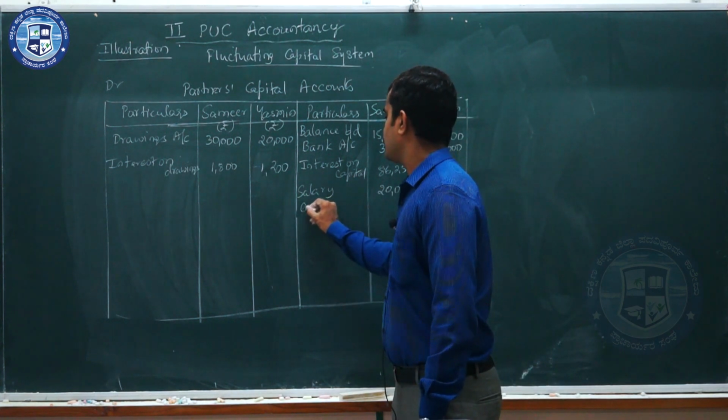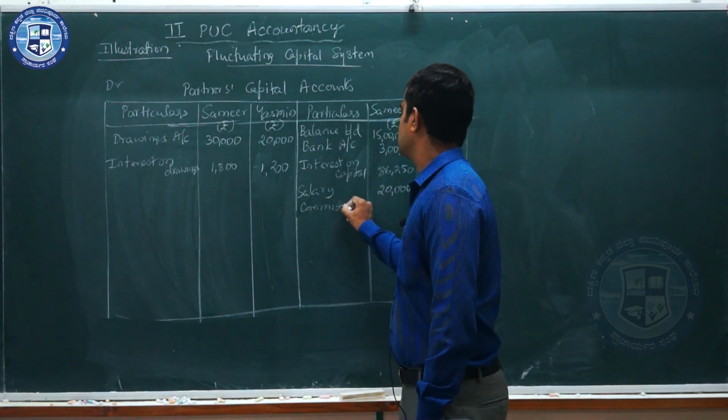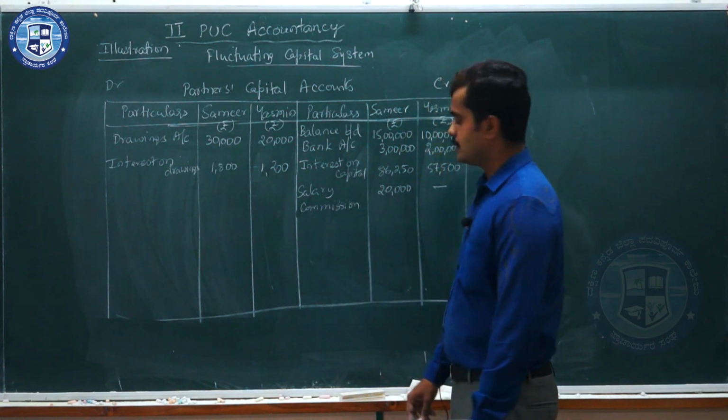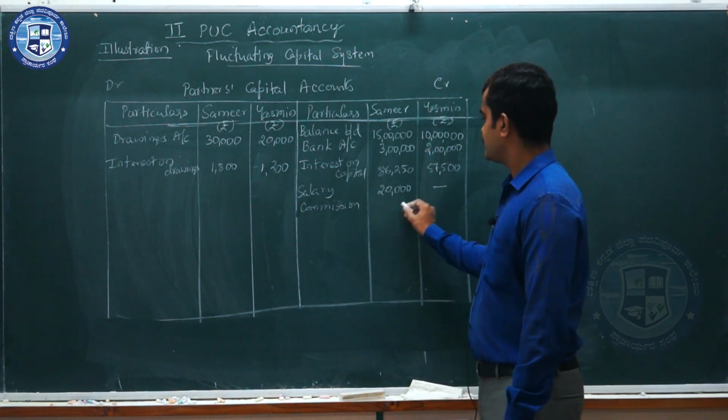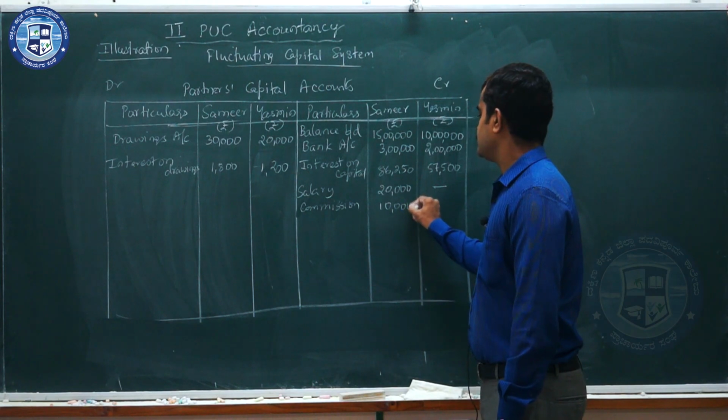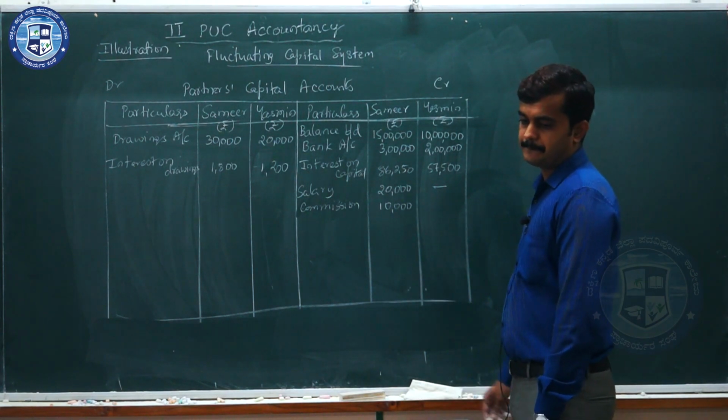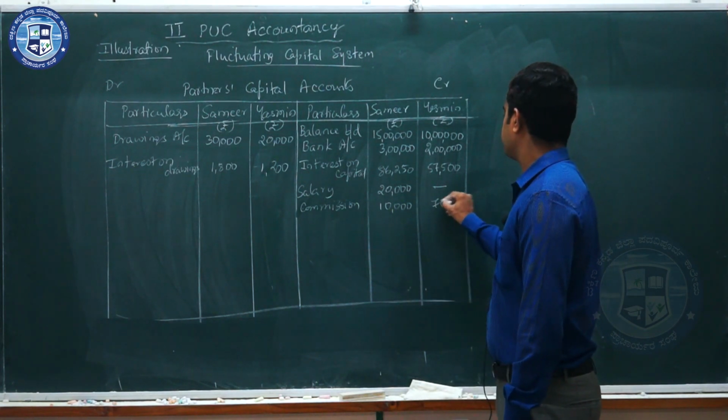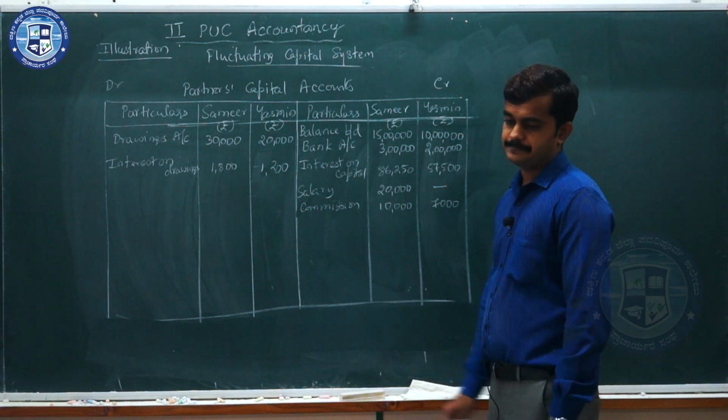Next, commission. So commission to Samir is 10,000 and Yasmin 7,000.